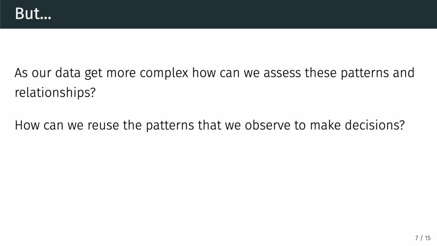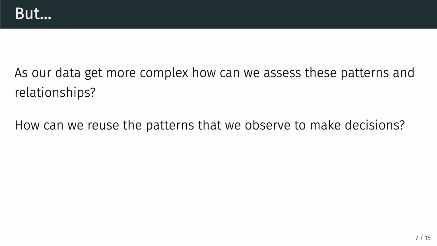But a question gets raised: what happens when our data get far more complex, right? And we don't have the ability to simply assess the patterns and relationships visually because the relationships are very complex and there are a lot of variables of interest that we want to look at.